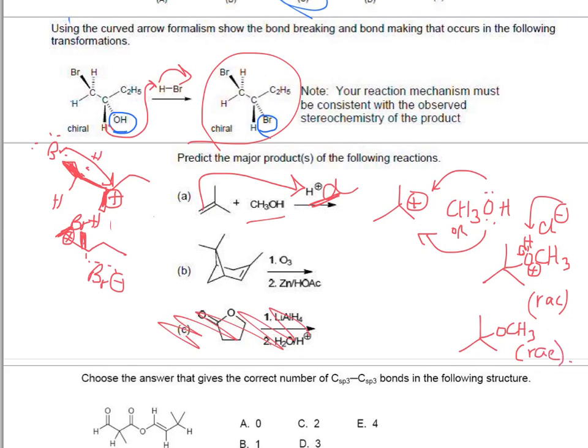The other question is that you have this big bulky group and you're subjecting that to ozonolysis followed by zinc and acetic acid. So that's pretty straightforward. All you have to do is cleave at the double bond and generate two carbonyls. So your product should look like, as fancy as it does, that's actually pretty straightforward.